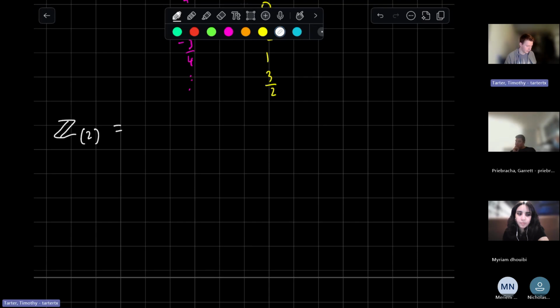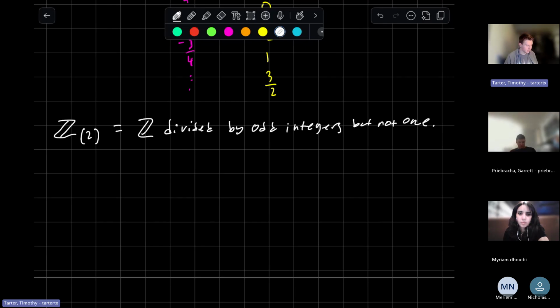We can divide by like 3, 5, 7, 9. Yeah, I think just any odd number will work. So we'll just say Z divided by odd integers, but not 1.